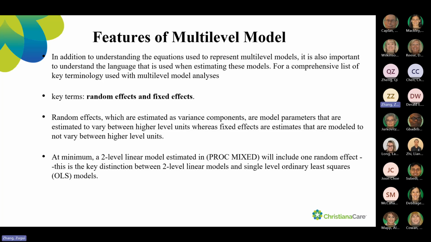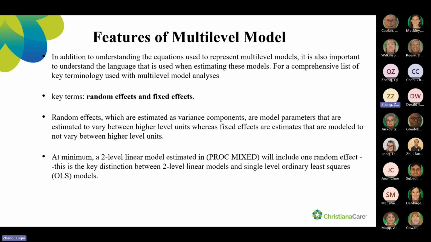The major feature of multi-level modeling is related to the concepts called random effects and fixed effects. In addition to understanding the equation used to express multi-level models, it is important to understand the terms used for this model, which means the random effects and the fixed effects.